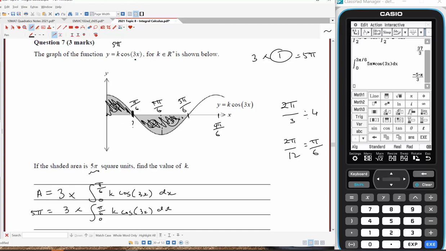Okay, and if you wanted to actually piece it all together, you'd have to do it as this first part of the integral here, and then negate this part here. So what I'm going to do is just do just that.